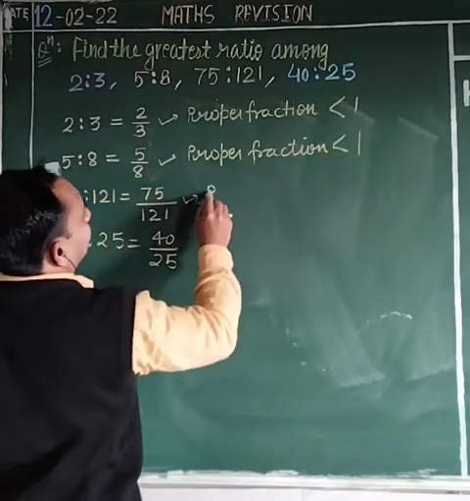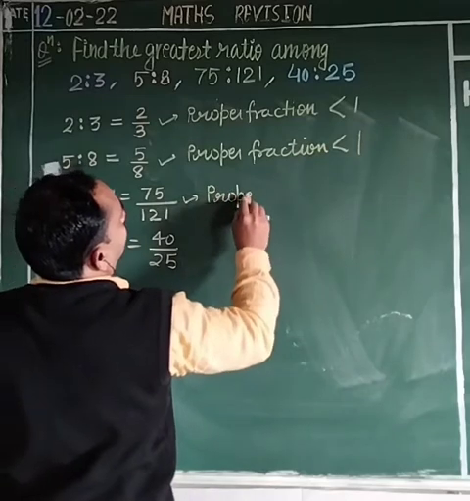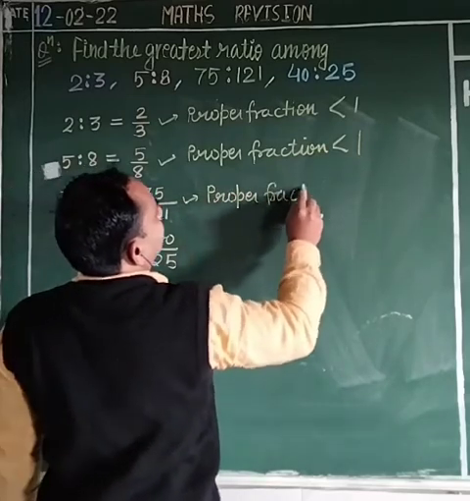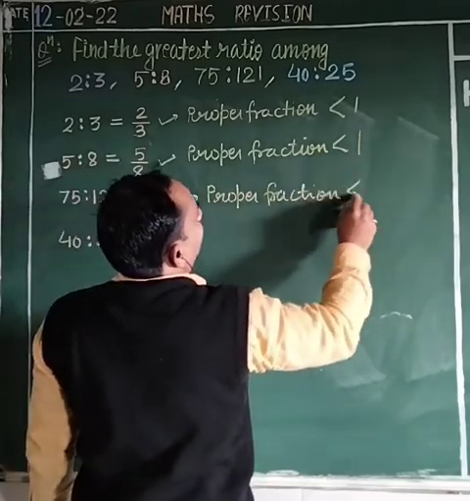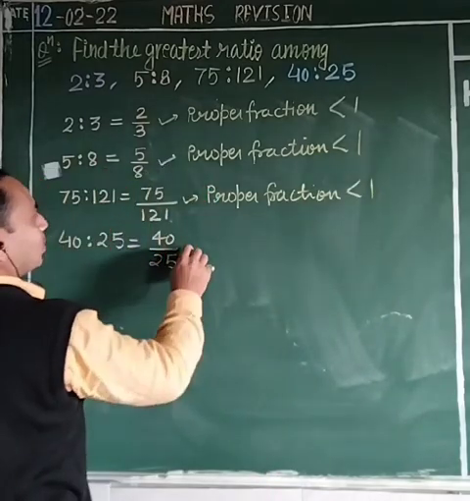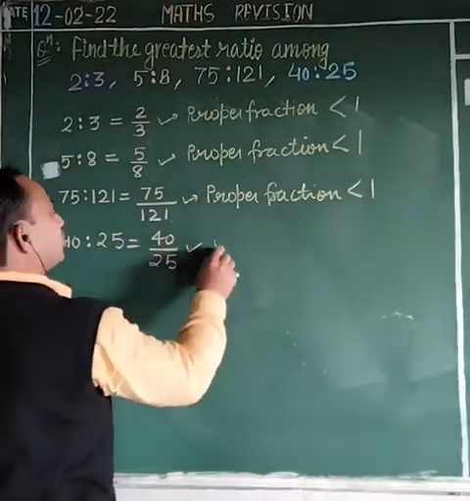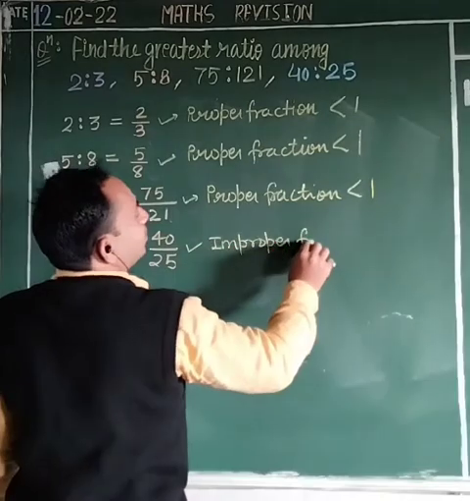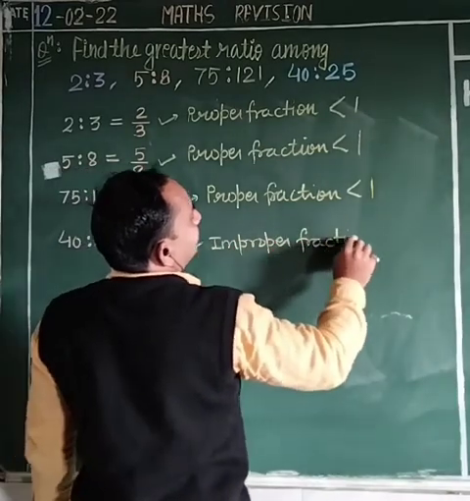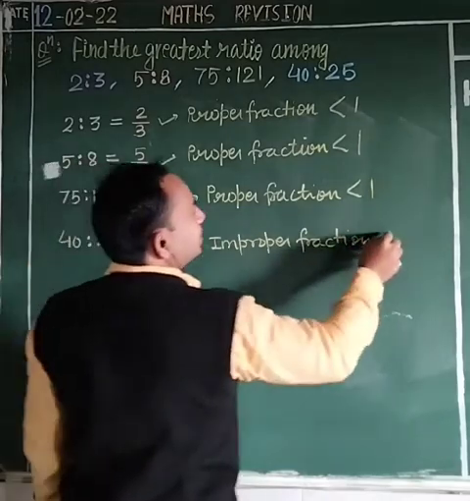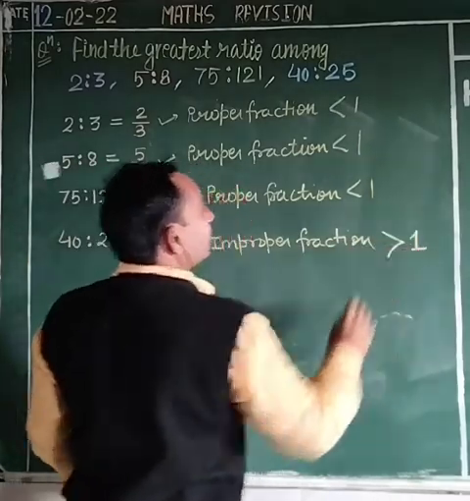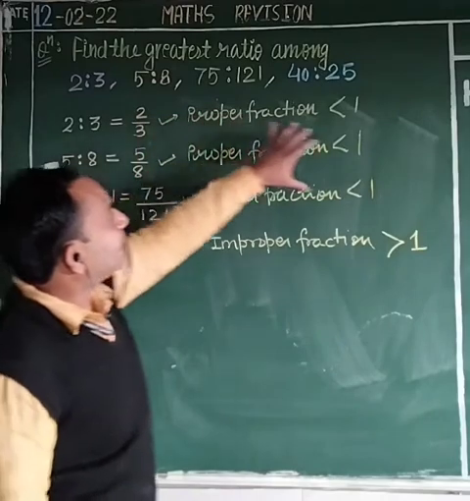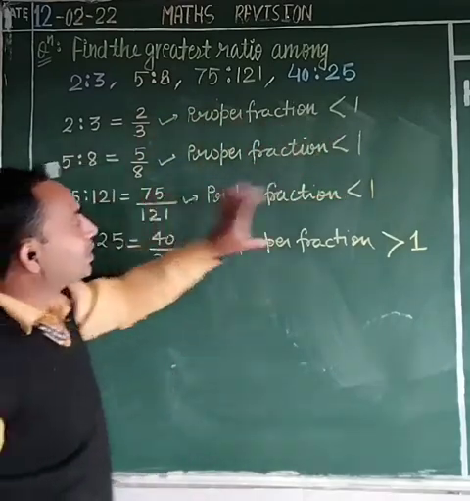This is also a proper fraction, which is always less than 1. But you know class, this is an improper fraction, and the value of this fraction is greater than 1.